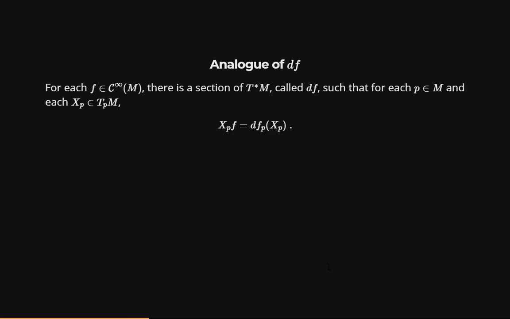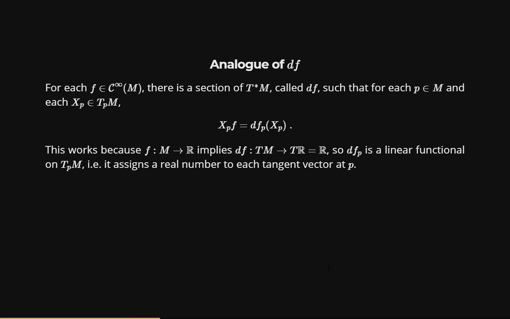So we could think about doing an analog of what we do with the differential of a function. For every smooth function, you have the differential, which is a section of the cotangent bundle, such that for each point and each tangent vector at that point, the directional derivative of f along that vector is the differential applied to the vector.